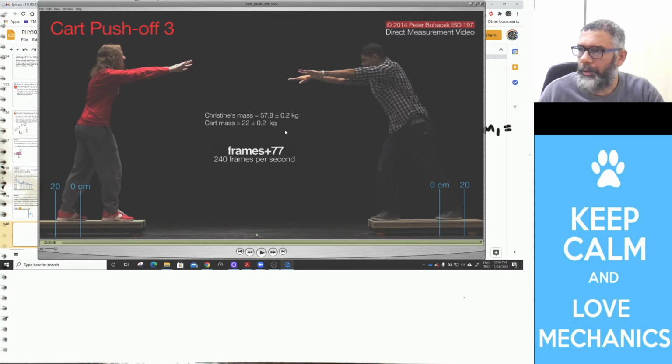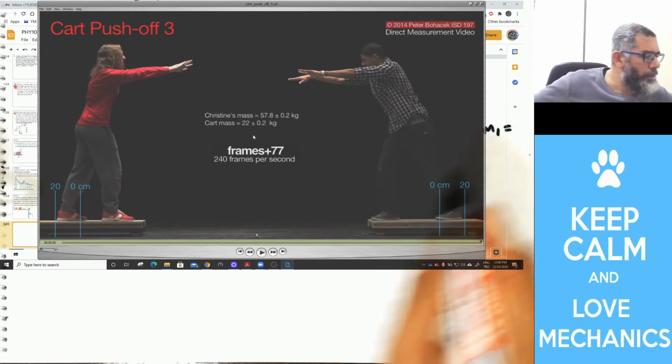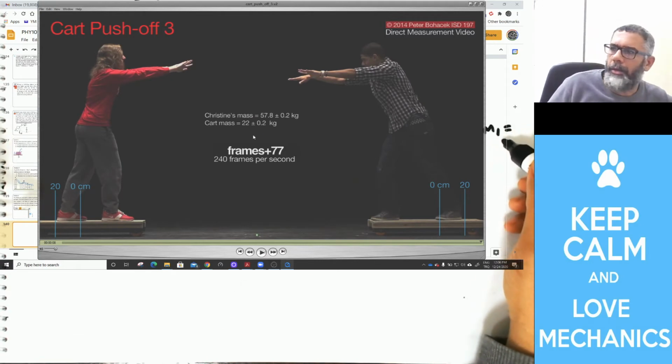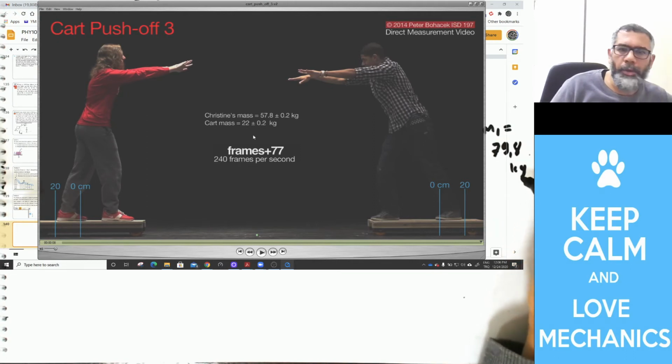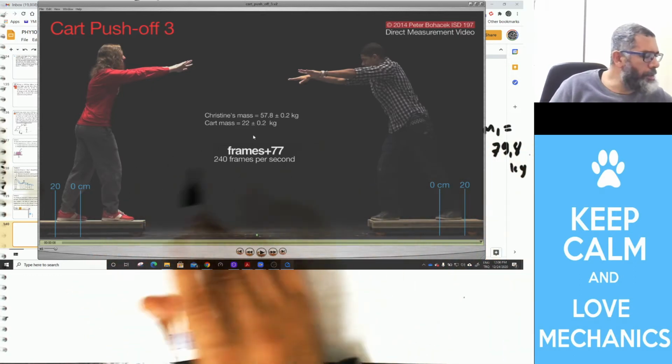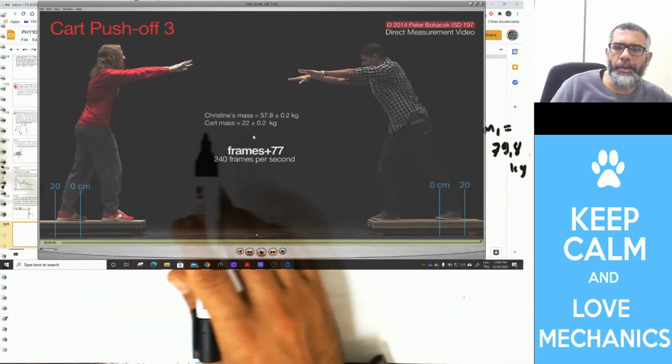So the girl and the card consist of 57.8 plus 22. It's going to be 79.8 kilograms. So the girl side has the mass of 79.8, but this is not the girl mass.